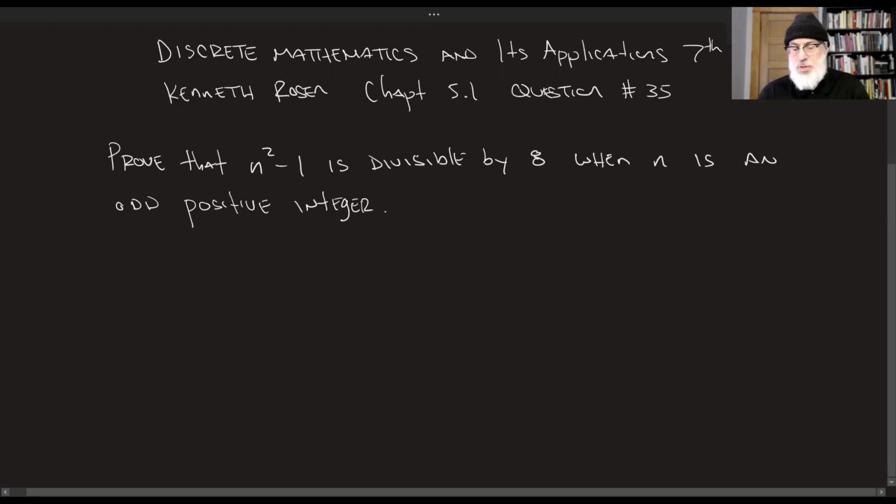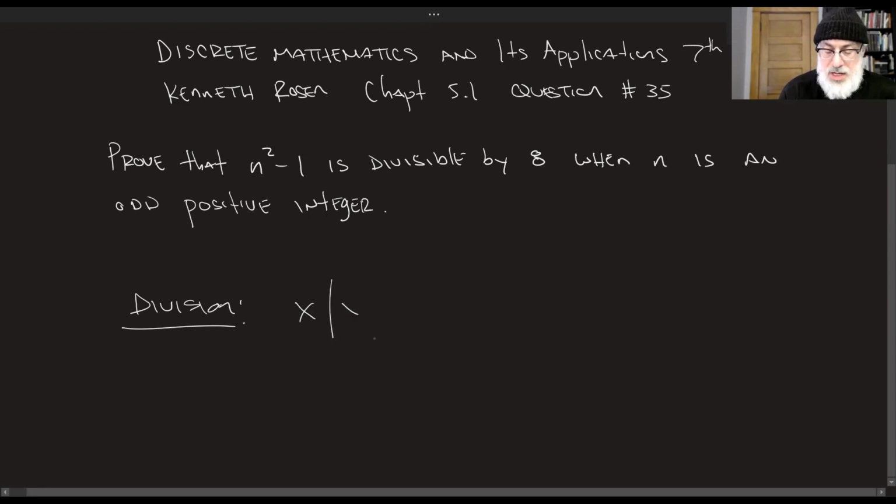So let's start real quick with what it means to be divisible for an integer. Division of integers: let's say I have x divides y, and this slash is called division, or more appropriately, divides.